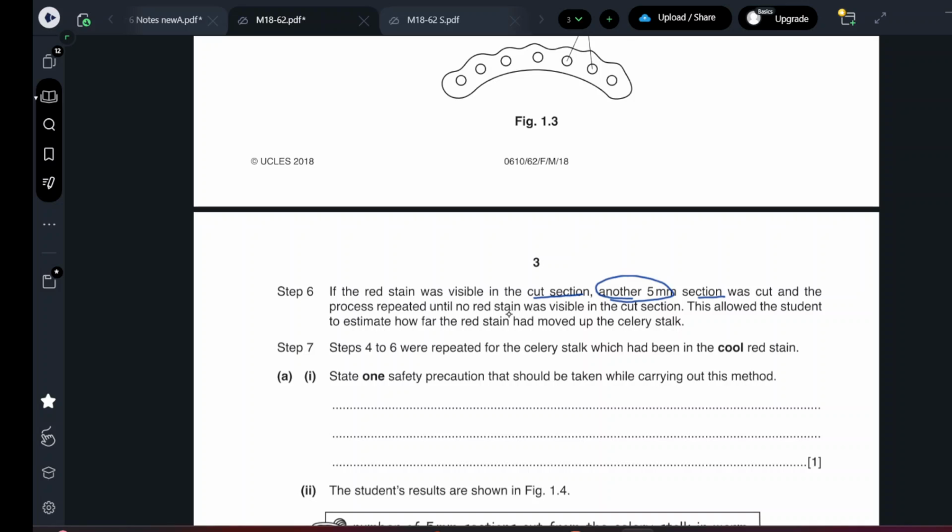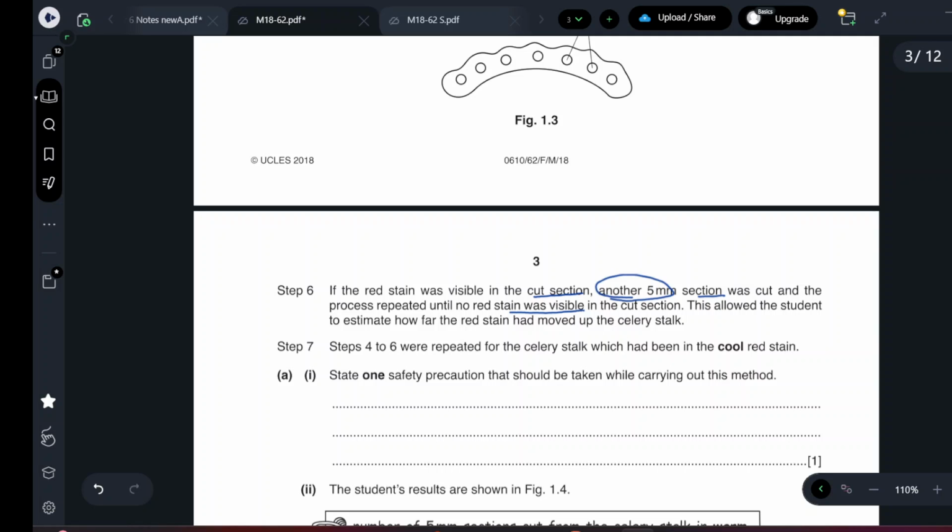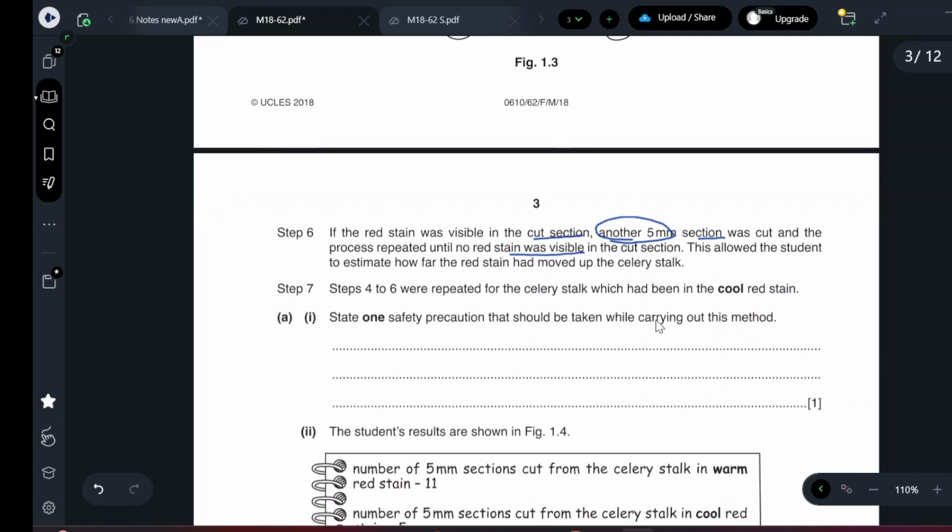It is repeated until no stain was visible. This allowed the student to estimate how far the stain moved up the celery stalk. Steps 4 and 6 were repeated for the stalk in the cool red stain. I repeated the same thing for the cool red stain.